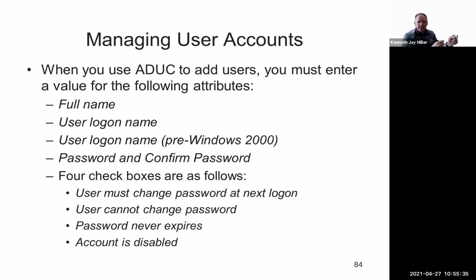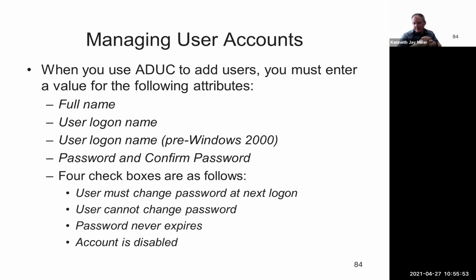So if they log on to a local machine that's attached to the domain, then they'll be prompted to change their password. If they do it over the internet, like say through Gmail or Amazon Web Services or anything like that, they'll never be able to access to change their password.